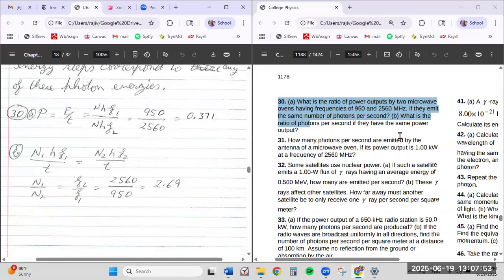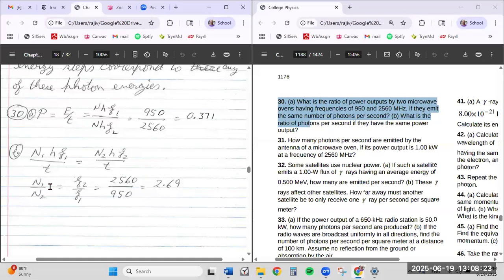In part B, we have to find the ratio of photons per second if they have the same power. So now the power is the same. We're going to equate n h f1 over T. Power is E over T, and energy is nhf divided by T. We're talking about per second, so T is 1 on both sides.